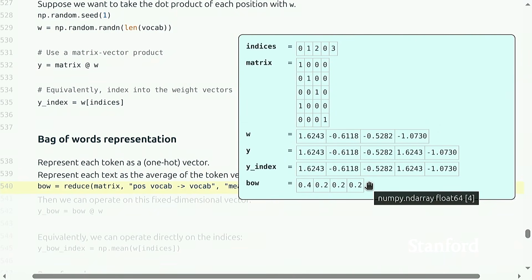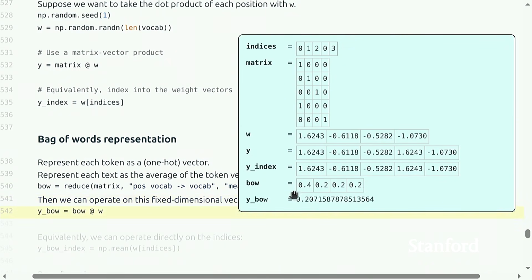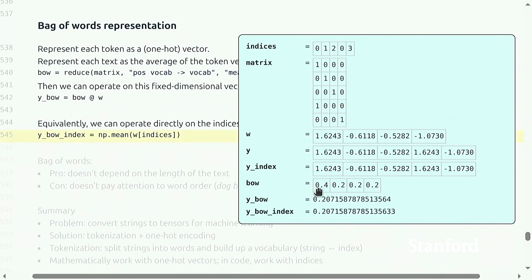And that's called the bag of words representation. And then using this bag of words representation, I can take dot products and do whatever I want with it. And equivalently, I could have just operated on the indices directly as well.